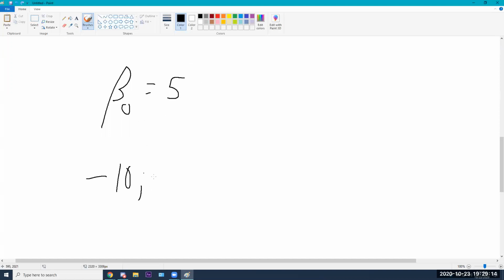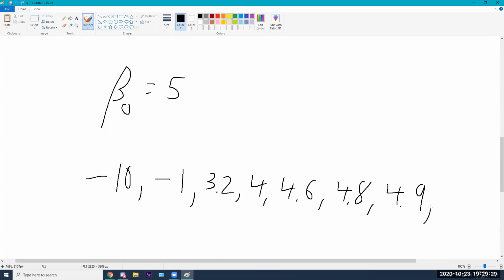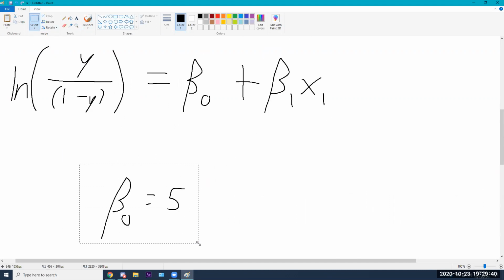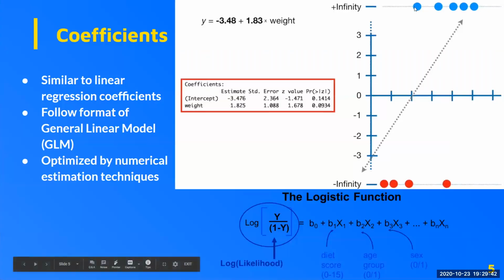So you might get negative 10, and then in your next iteration, negative 1, then 3.2, then 4, then 4.6, 4.8, always approaching and estimating your best value. But like I said, we don't have any analytical, algebraic method to do this. This is all we have, because of the issue before with the infinite residuals.